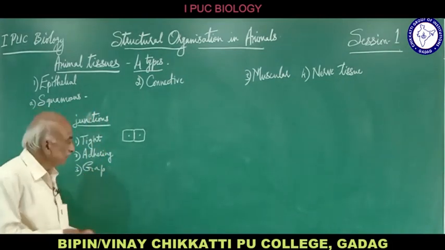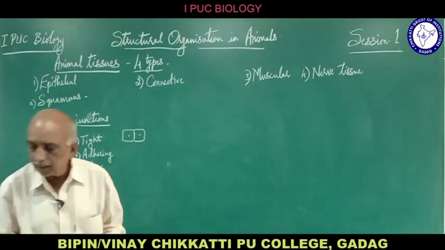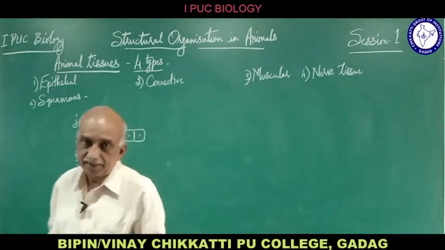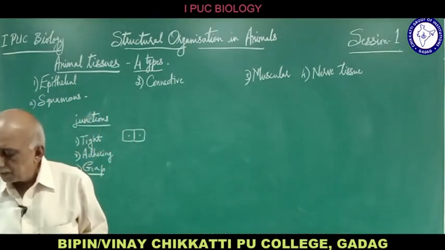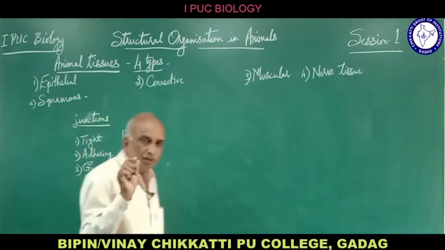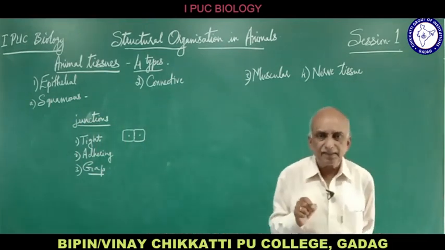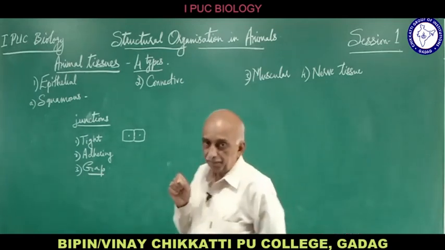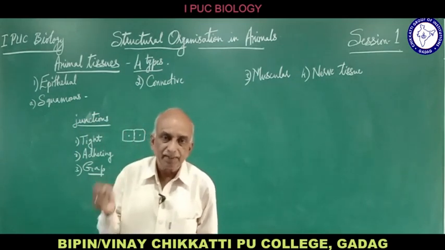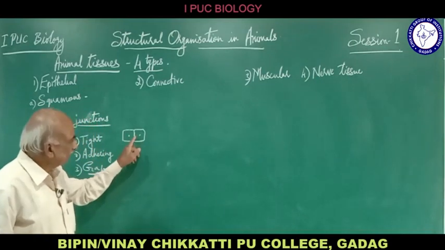Then in the gap junctions, there are fine hydrophilic channels between the two cells. These channels are minute pore-like structures, and through these channels, which are hydrophilic in nature, the substances pass from one cell to another cell. So this is a gap junction, which means there is a gap between the two cells.